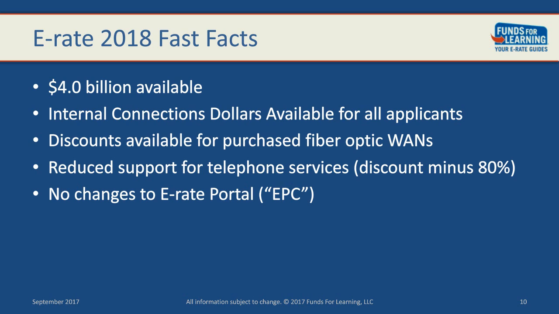Remember, the E-rate program now provides not just support for internet access and telecommunications, but there are designated funds for internal connections to on-campus Wi-Fi and network switches and so on. And those dollars are there literally for the asking. In addition to that, we have still the opportunity to purchase self-provision networks, fiber optic wide area networks.